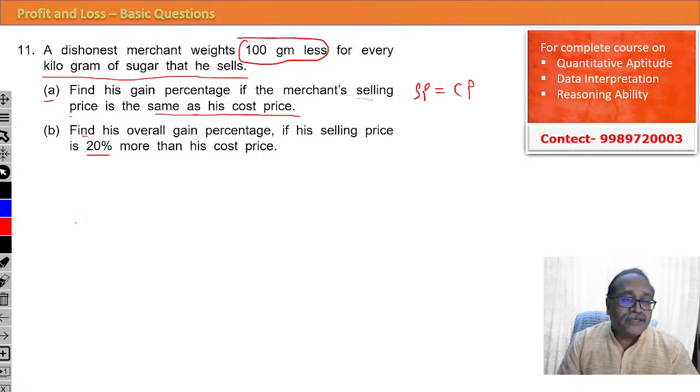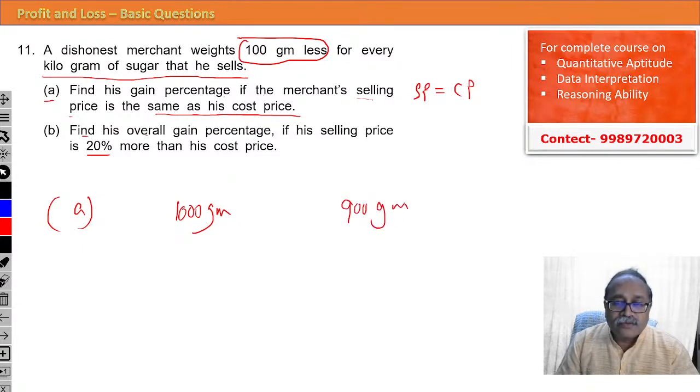Okay, in the first case A, what we do is for every 1000 grams, what he is doing is he is cheating 100 grams. That means he is delivering 900 grams only. So what happens here?